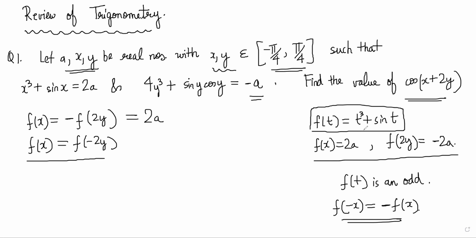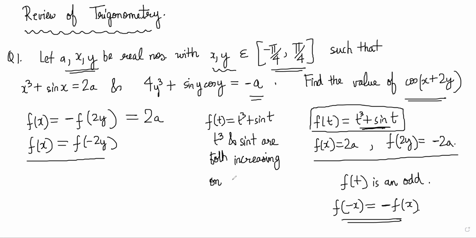Now, another thing we can notice is that this function f of t is monotonically increasing. f of t is basically t cube plus sine t, and t cube and sine t are both increasing functions on the interval minus pi by 2 to pi by 2.